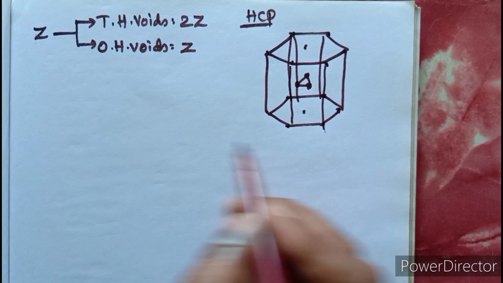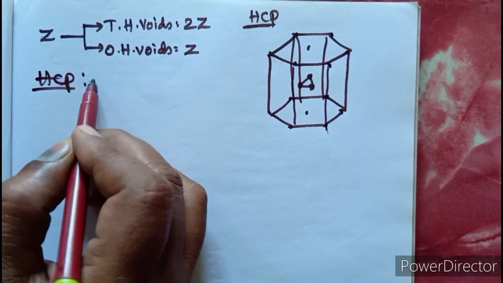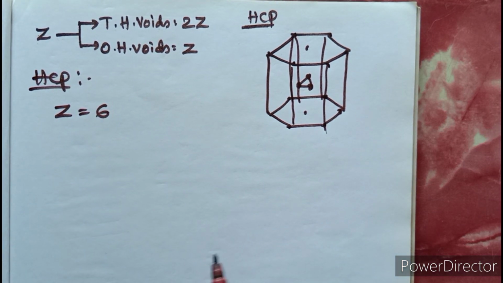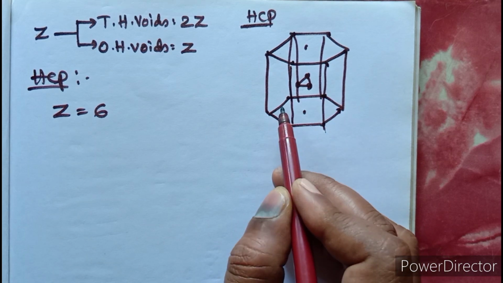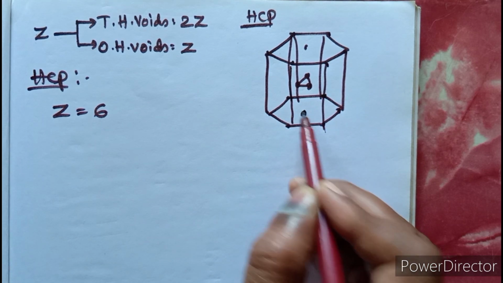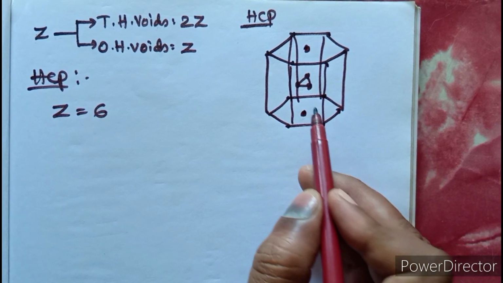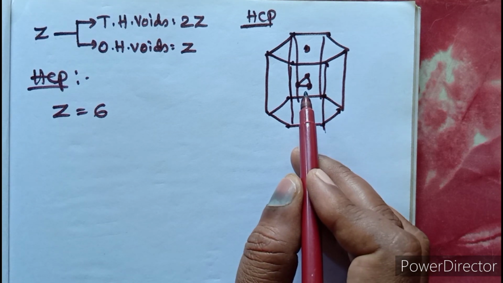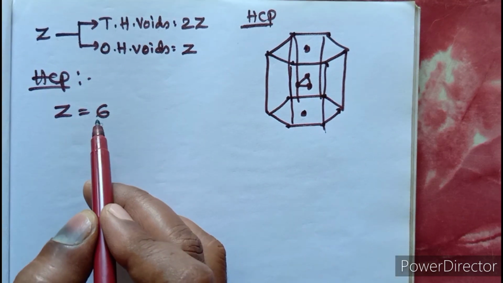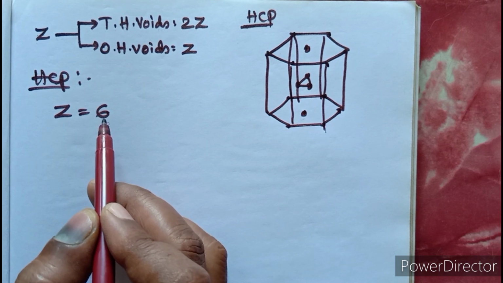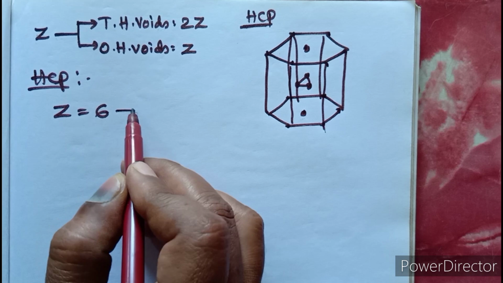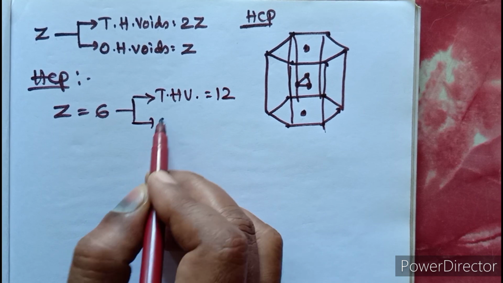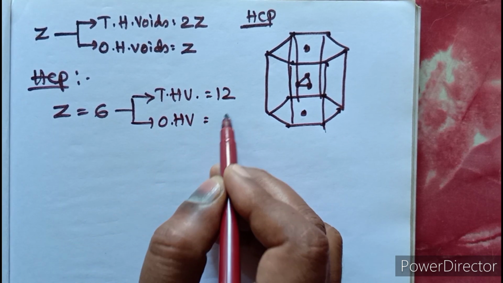In this HCP structure, the number of atoms per unit cell, Z, is 6, because atoms are present at the corners and also at the centers of two opposite faces, and the second layer atoms are present at the voids of the first layer. Based on this, the number of atoms per unit cell in HCP lattice is 6. So the number of tetrahedral voids is 12, and the number of octahedral voids is 6.